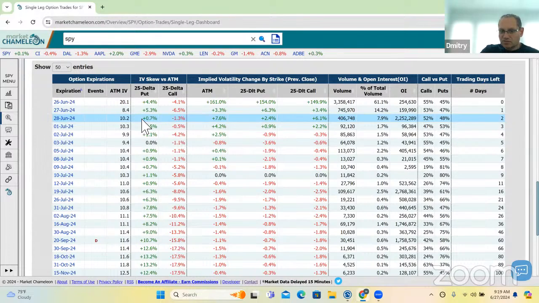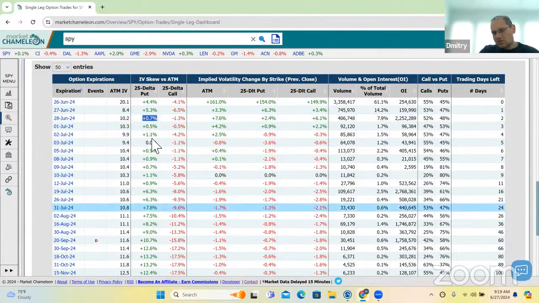The 25 delta put on the downside is trading 0.7% higher, which in relative terms is close to flat. It's not a very significant skew. 1% here or there is not a very significant skew. So I would say that skew is close to flat.